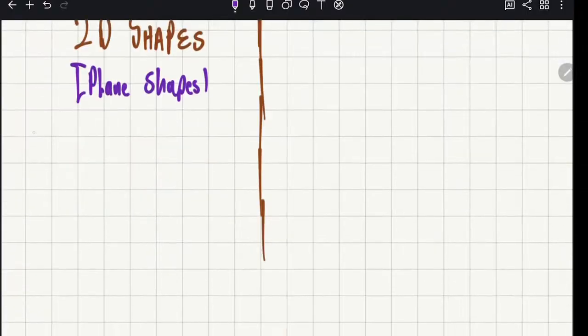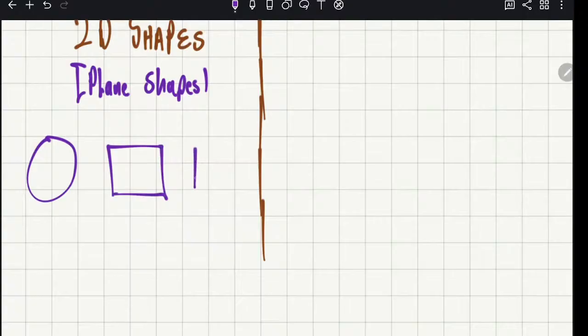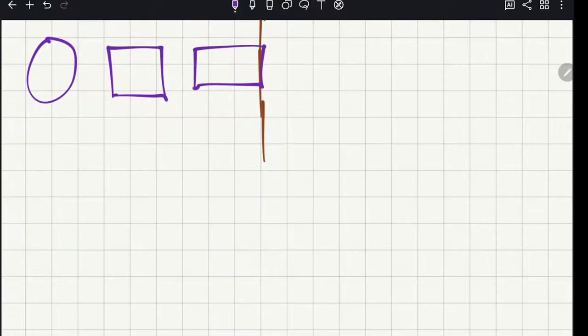But do you know that the ones we really focus on at IGCSE level will be your parallelogram, which is like this, and you have your kite, and you have your sector, which we were talking about a lot last time.